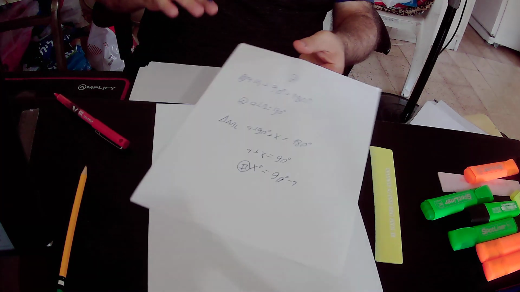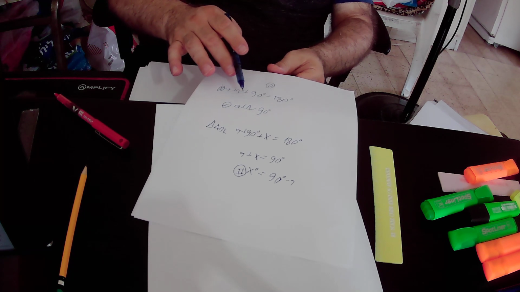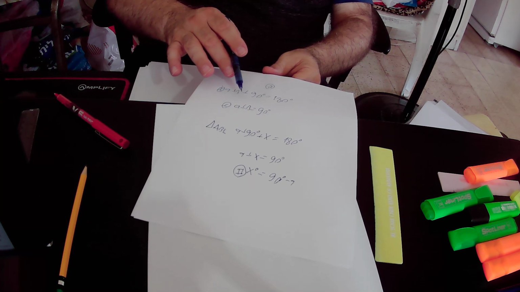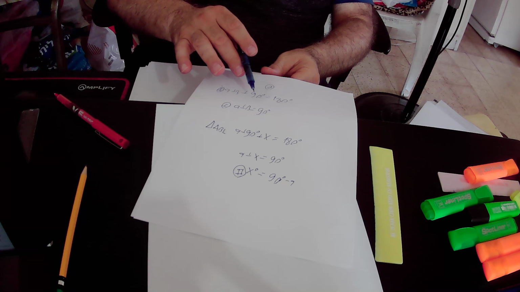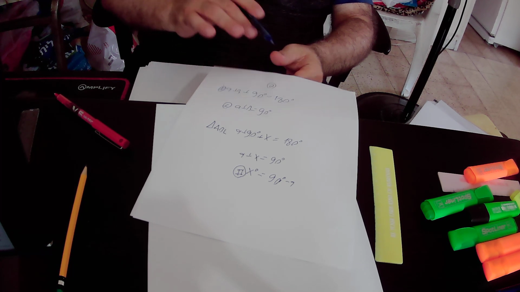But from equation number 1, we can deduce that beta equals 90 degrees minus alpha.